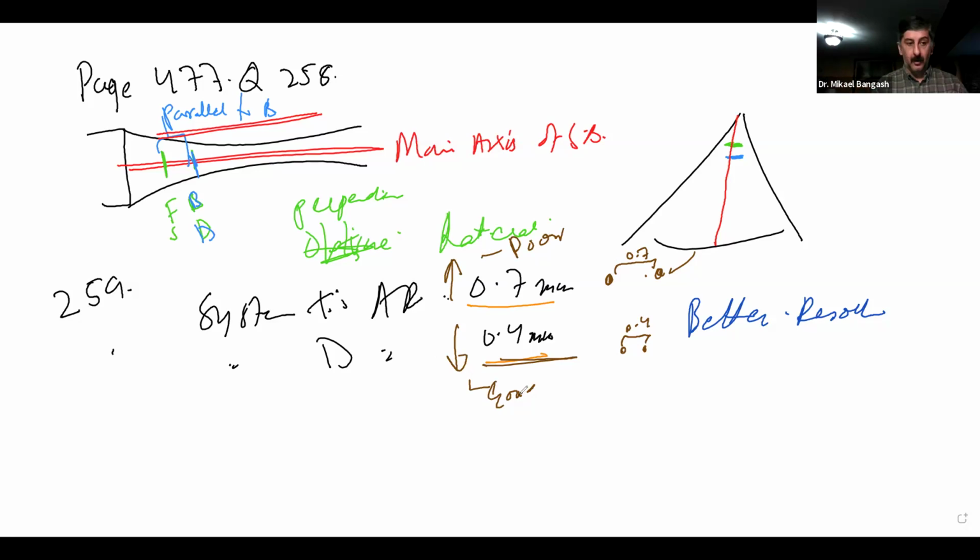Because let's say the distance between two structures was 0.4 millimeters. This system here, with its greater numerical value, would give us a poor resolution, whereas this system here still could give us a good resolution.